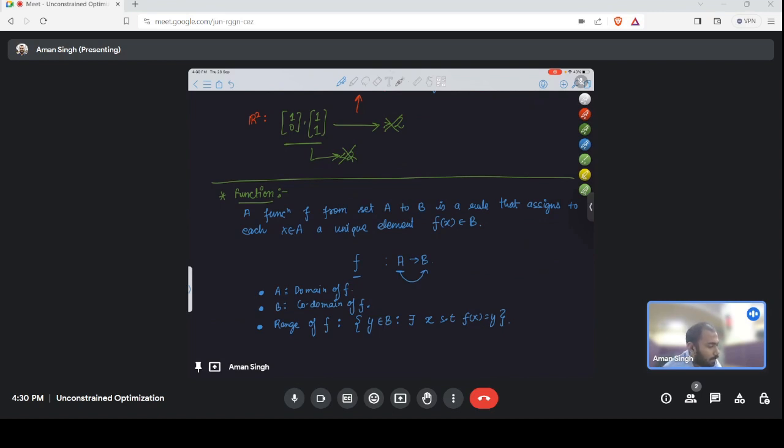So all those elements in B which are related to some element in A form the range. It may happen that not all elements in B are attached to some element in A, so the range of f is a subset of B. It can also happen that all of the elements in B are attached to some elements in A, but it may also not happen.